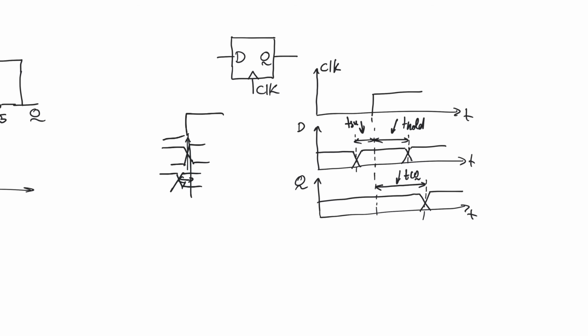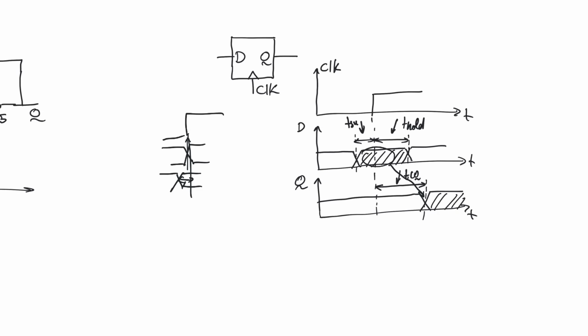If we obey t setup and t hold, if the data is stable for this window of time around the edge, then Q will appear at the output of the register in response to this value of D. So this will be transferred here after an amount of time equal to TCQ. So TCQ is the amount of time after the active edge that the new value of D is registered at the output of the register.